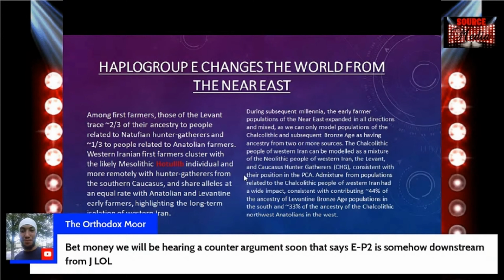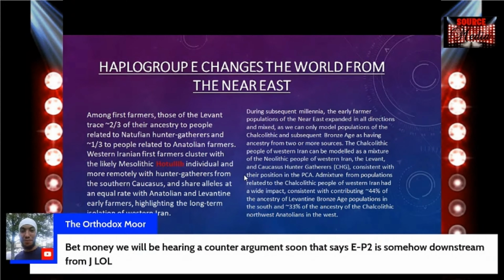Western Iranian first farmers cluster with the likely Mesolithic Haplogroup 3B, which is Basal J individual, more remotely with hunter-gatherers from the southern Caucasus. I know Ivry, Yeshua, and I have been beating this into y'all's heads, but I need all these Afrocentrics and these Christian urban apologists to get this through their damn heads.